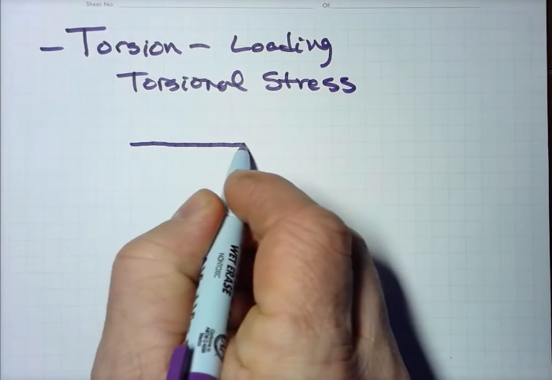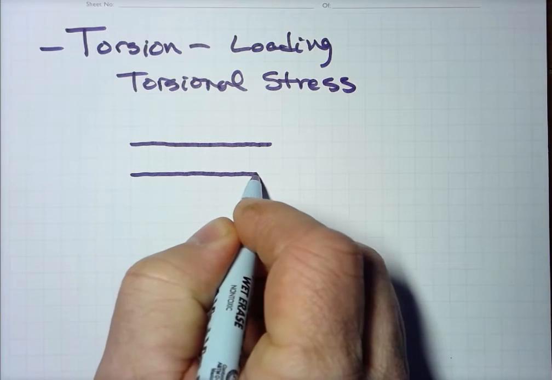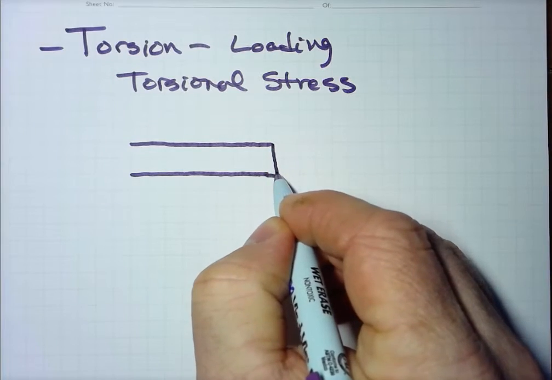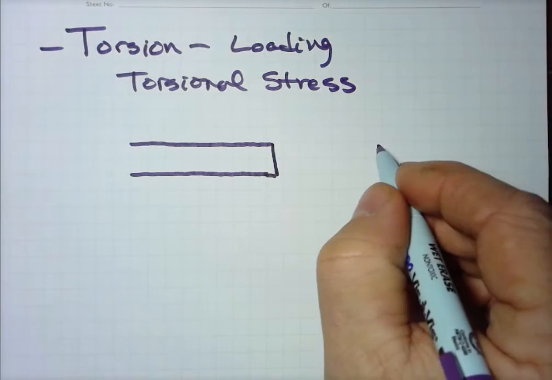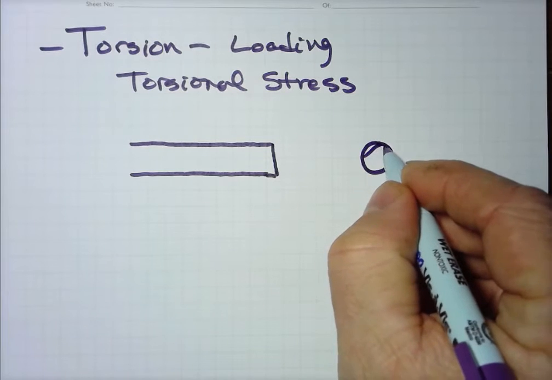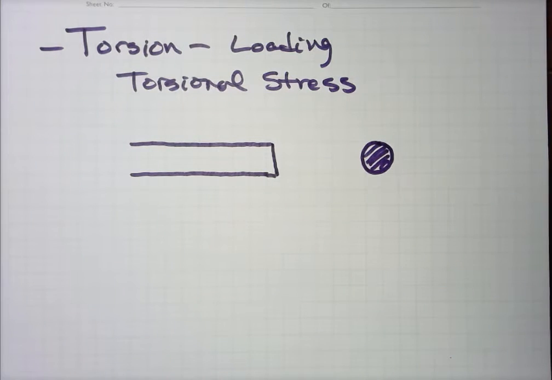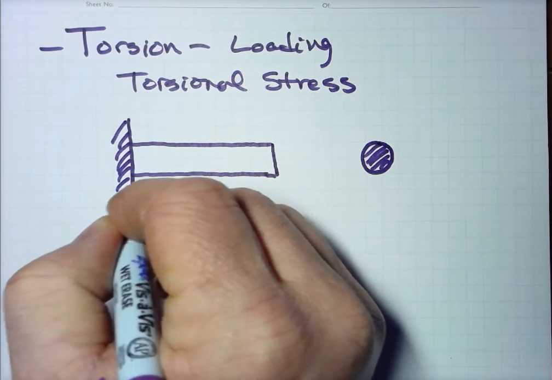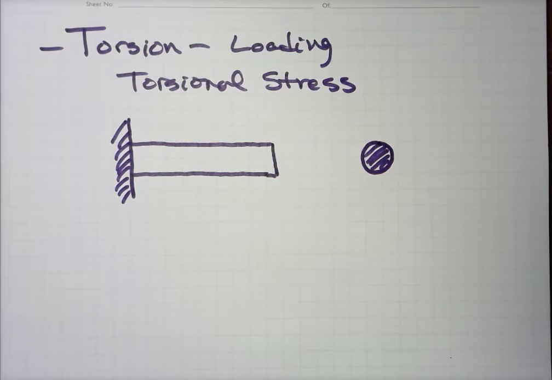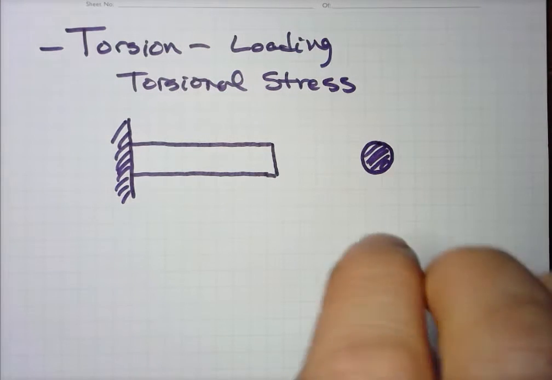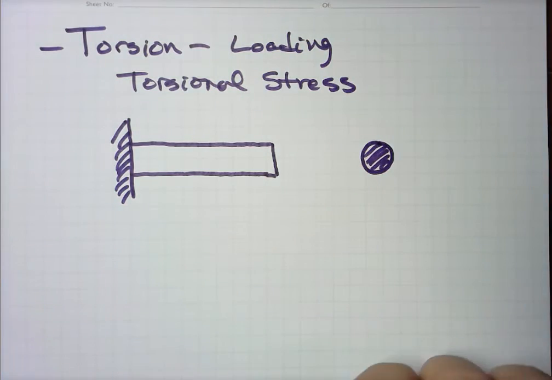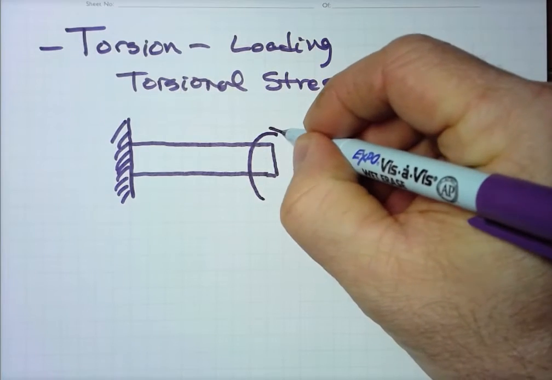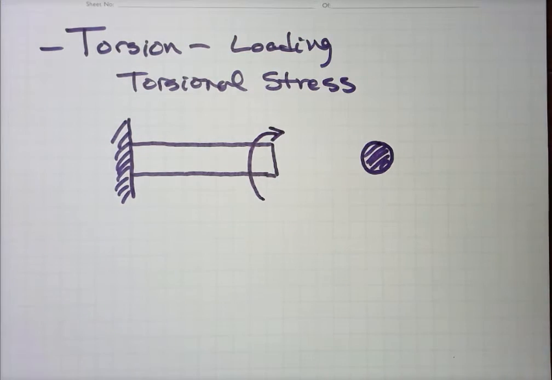So if I take a shaft, and if we look in from this end of the shaft, what we see is a solid circle. And I take that shaft and I fix it to a wall. Now what I'm going to do is twist that shaft, and I'm going to draw the twist as a torque.